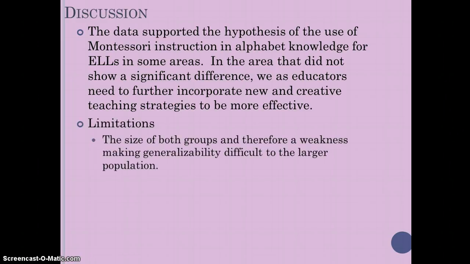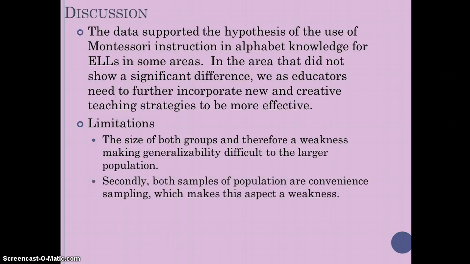Limitations in this research were the size of both groups, the population being 14 for each class, and therefore a weakness, making generalizability difficult to the larger population. Secondly, both samples of population were convenience sampling, which made this aspect a weakness also.